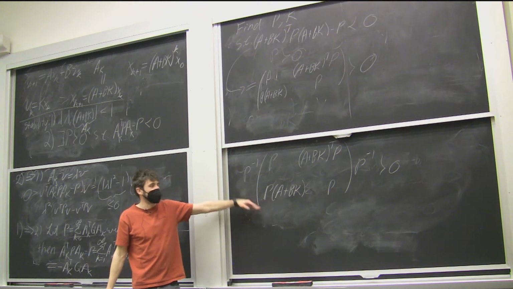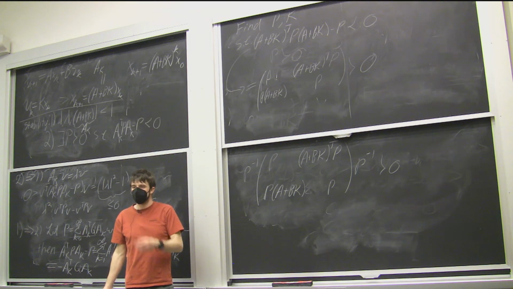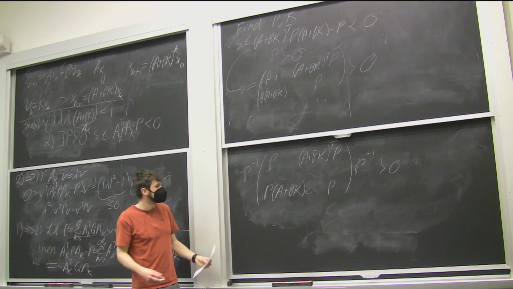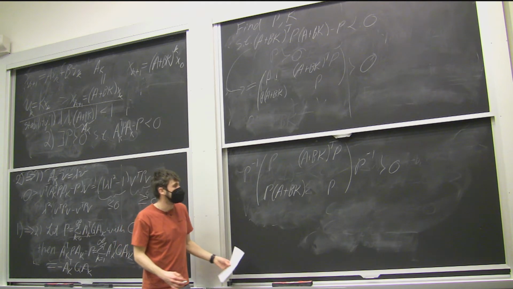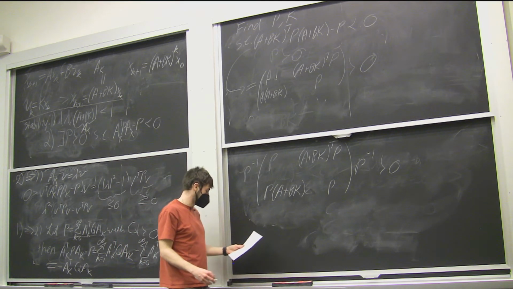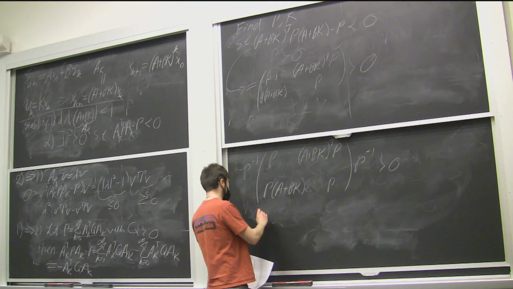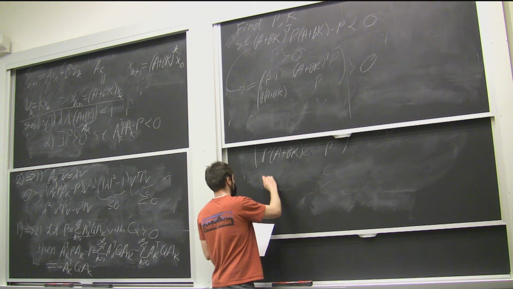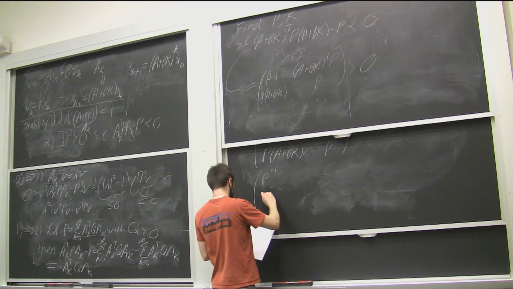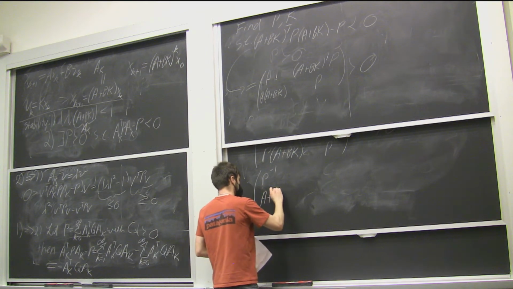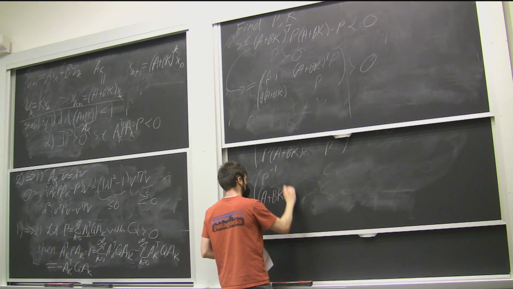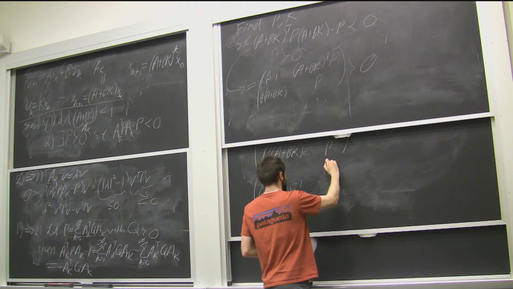And if this is positive definite, the converse is also true. Right? So now let's carry through this matrix multiplication. And we're going to get, let's do P inverse, A plus BK, P inverse.